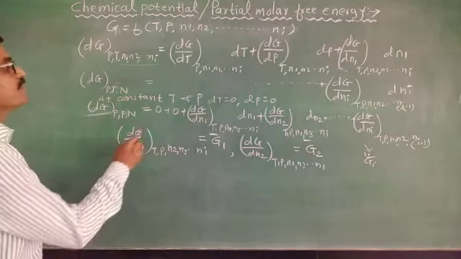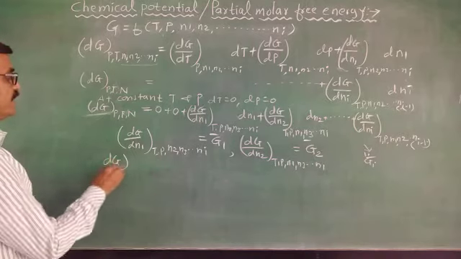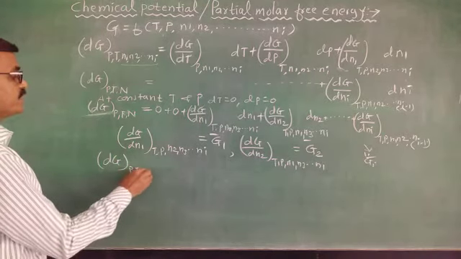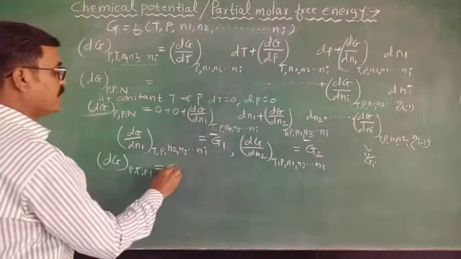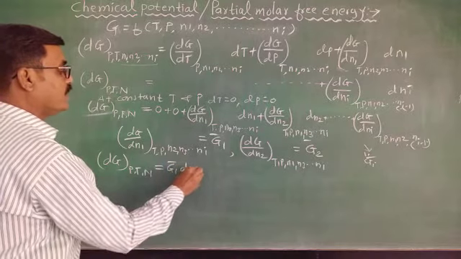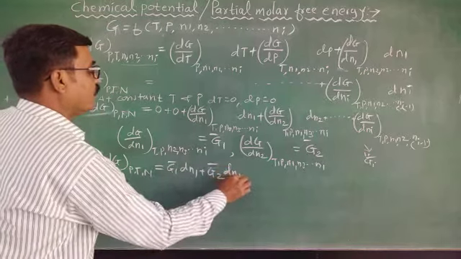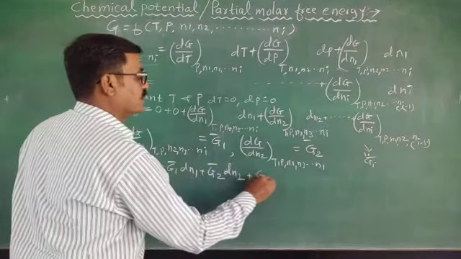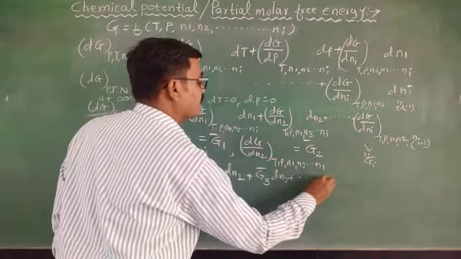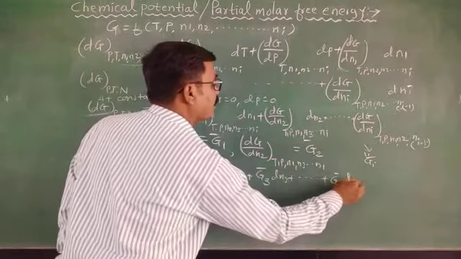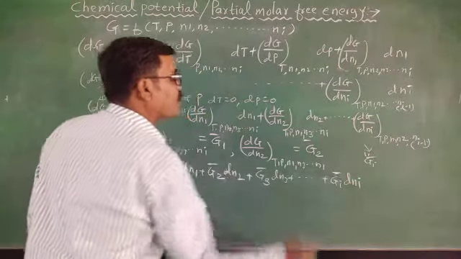That's why the right hand side becomes: dG at constant pressure, temperature and number of moles is nothing but G1 bar into dn1 plus G2 bar into dn2 plus G3 bar into dn3 plus up to Gi bar into dni.